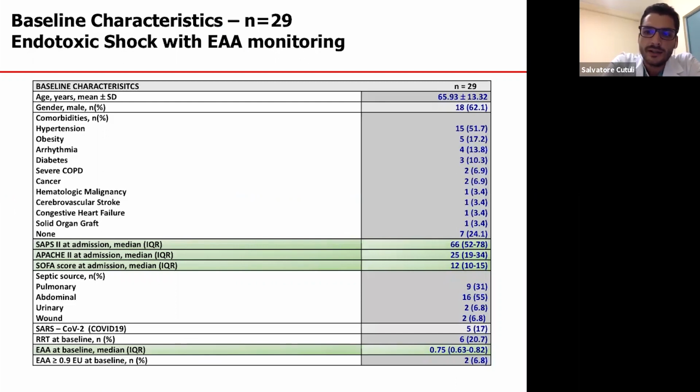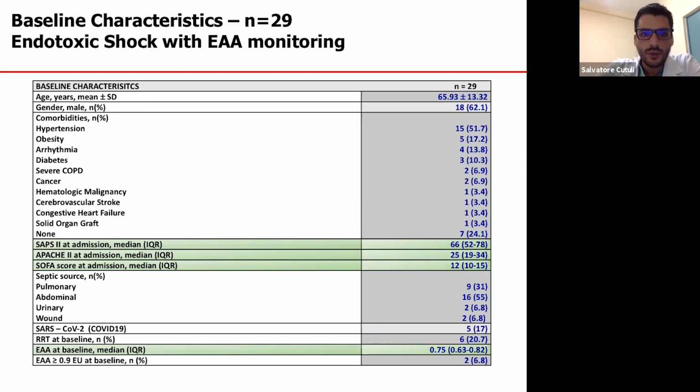In the EUPHAS study, in the retrospective phase, we didn't have the endotoxin activity for all the patients enrolled. That's the reason why we asked the centers that were part of the second phase to use the endotoxin activity assay and to give us the data, just to understand if there was a relationship between endotoxin level and organ dysfunction.